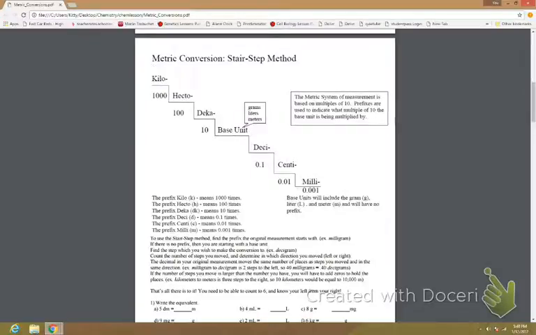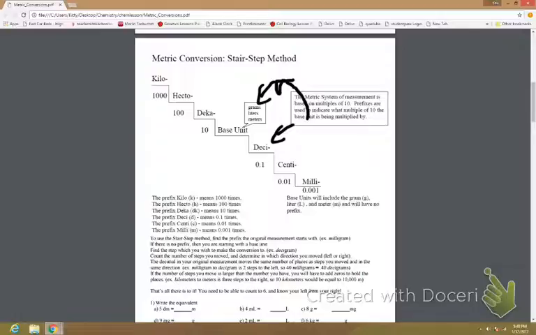The nice and easy way is if you look at question number 1, which says, write the equivalent. 5 decimeters is how many meters? If you look, we're going from deci, right here, to meters, which is in the middle. So I'm only moving one spot, to the left.